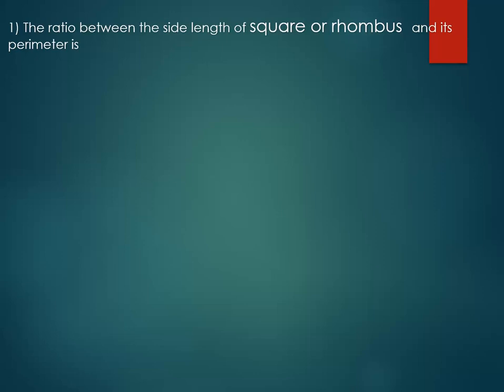So we are going to make the ratio between side and the perimeter. Side to perimeter. Side will be S, and the perimeter is side times 4.